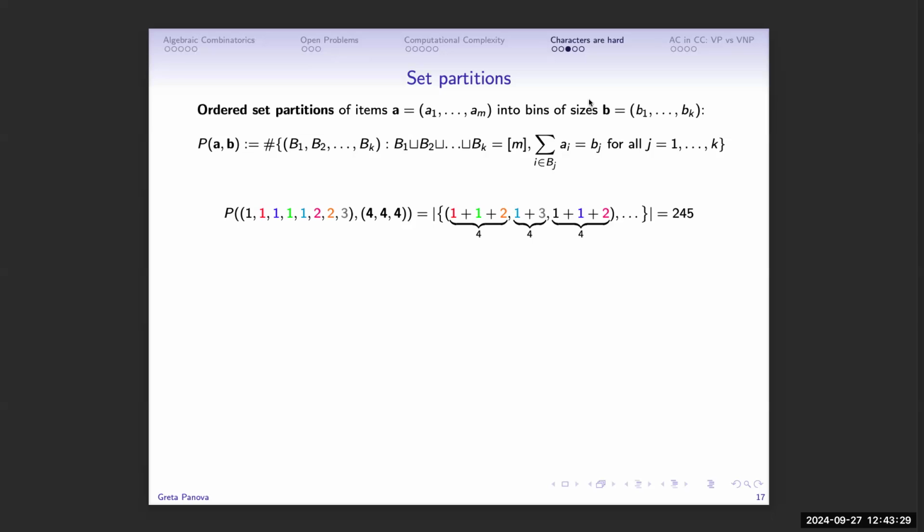So we have two sets of integers, A's, which we call items, and B, which we call bin sizes. And we want to split those A's into groups so that the sum in each group is equal to the corresponding B.